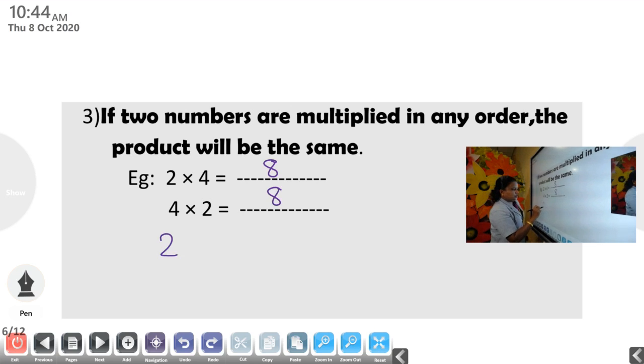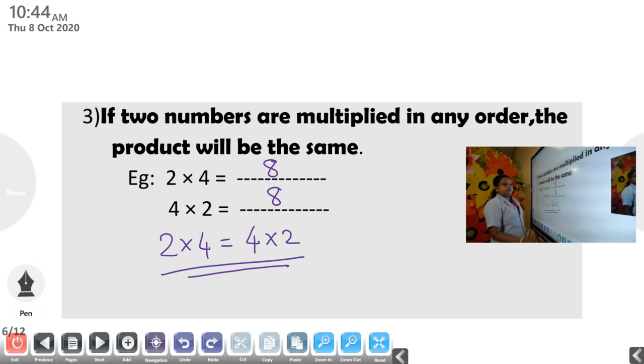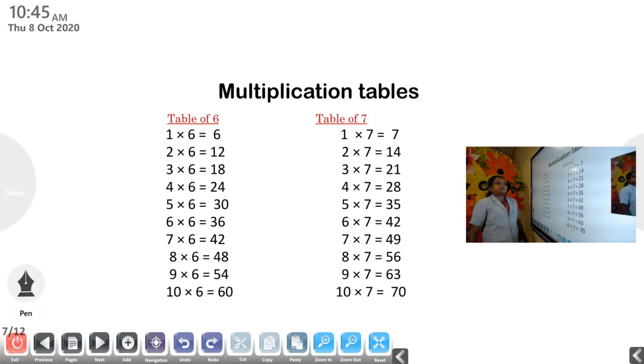Therefore, 2 into 4 is equal to 4 into 2. Okay, both are the same.